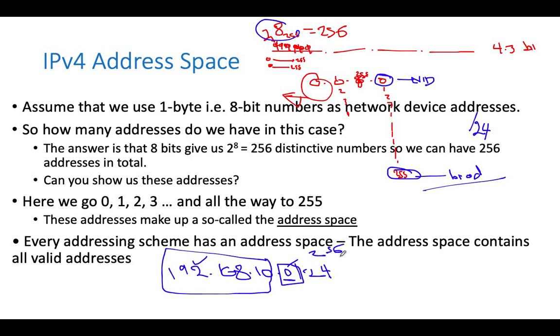How many hosts? A host means a device like a computer or server. I can use 256 minus 2. Why minus 2? Because that IP, which is 0, is going to be the network ID, which means you cannot use that. And the last one, which is 255, you cannot assign to a host either. Why is that? Because we call it the broadcast IP. What is a broadcast IP exactly?